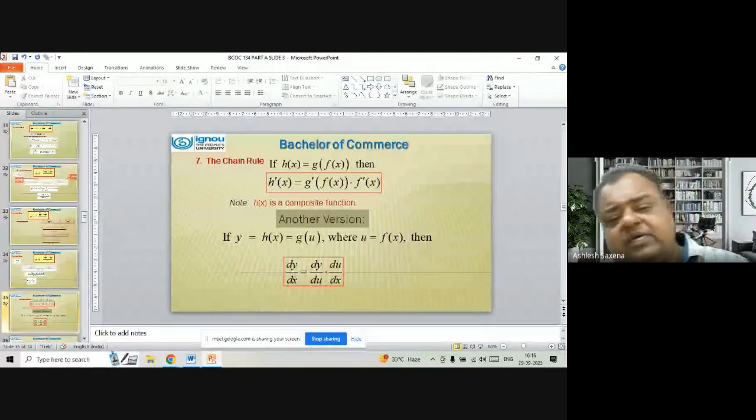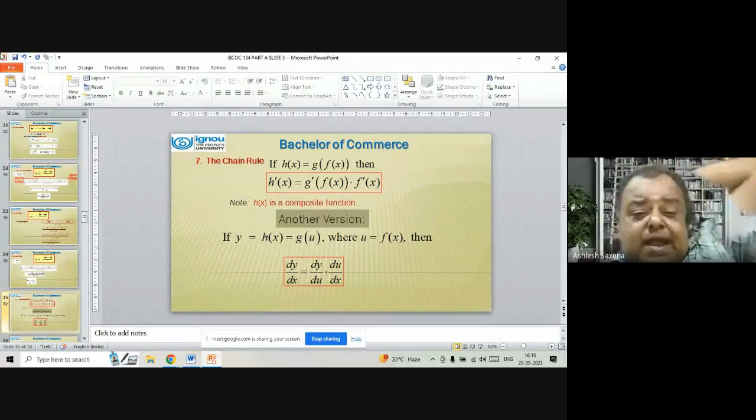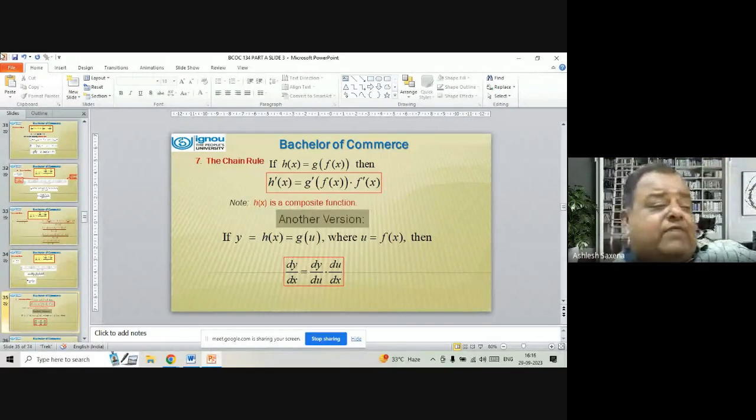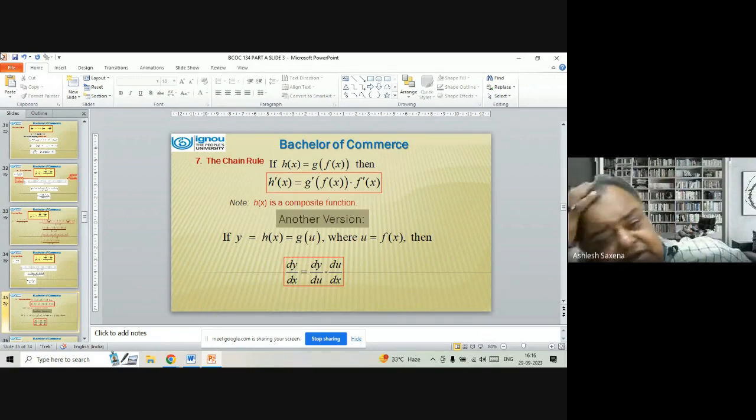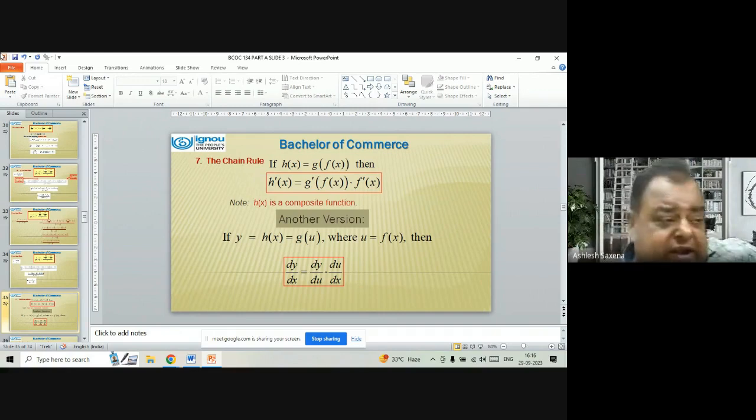Suppose this chain rule has to be applied to a composite function, or we can say to another type of problem. We have y is equal to g(u), where u is f(x). We have to calculate dy by dx.